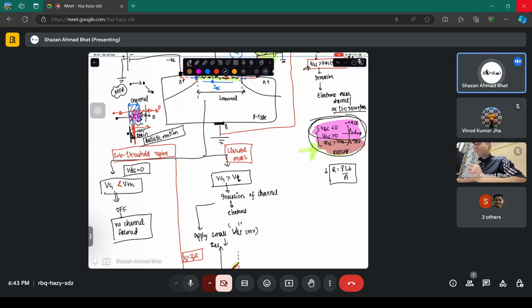Then, before colliding with the other electron, the distance which the electron travels is called the mean free path. If you make the channel length less than the mean free path, you have ballistic motion. Ballistic means there is no resistance. As soon as the electron enters the channel, it will directly go into the drain, just like this.